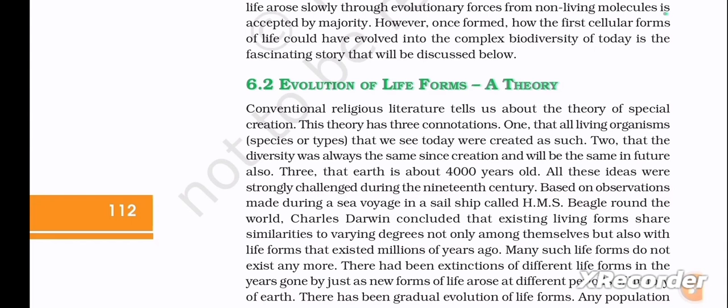All these ideas were strongly challenged during the 19th century. Based on observations made during a sea voyage in a sail ship called HMS Beagle round the world, Charles Darwin concluded that existing living forms share similarities to varying degrees not only among themselves but also with life forms that existed millions of years ago.